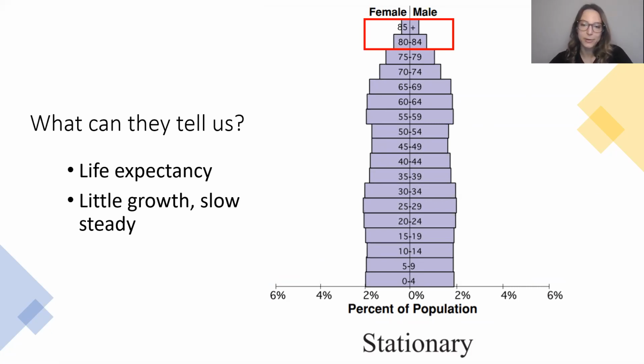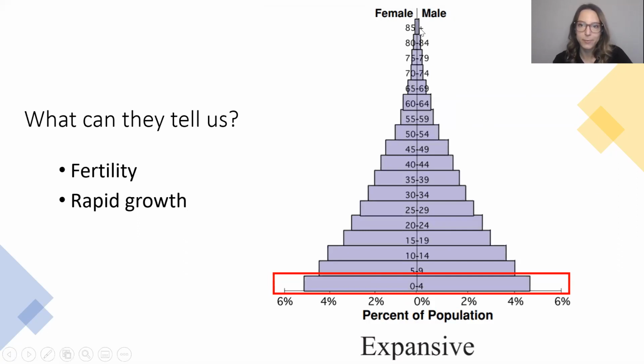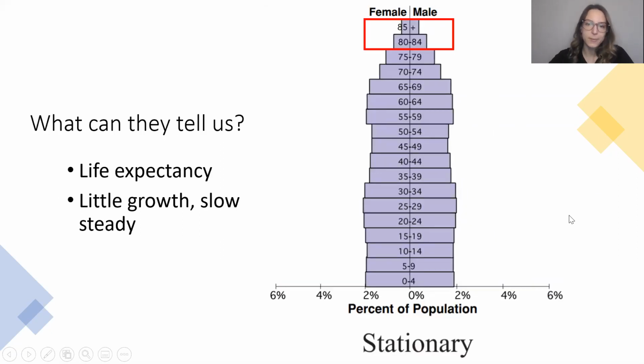In fact, the population will expand at a very slow and steady pace because of these equal proportions. It also tells us that most likely the life expectancy is high, certainly much higher than what we saw in the previous pyramid, where not as many people were reaching that older age group. In this pyramid, by contrast, you're starting to see life expectancy expand and more people surviving into these later ages.